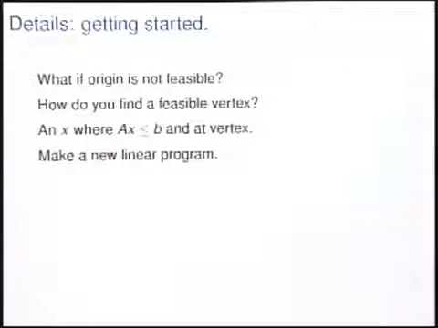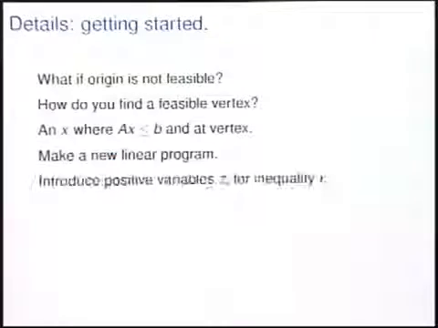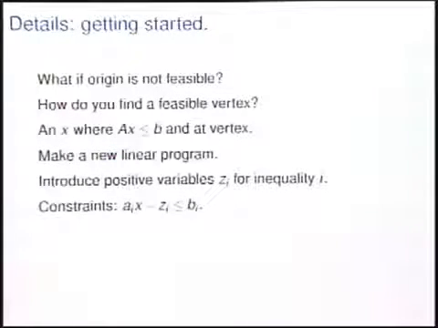Okay, and so what you do is you make a new linear program. It's a self-reduction. You introduce a positive variable z_i for each inequality. That's how much you violate that inequality. So a_i x minus z_i is less than or equal to b_i. For any x, I could just set z_i to be some value.